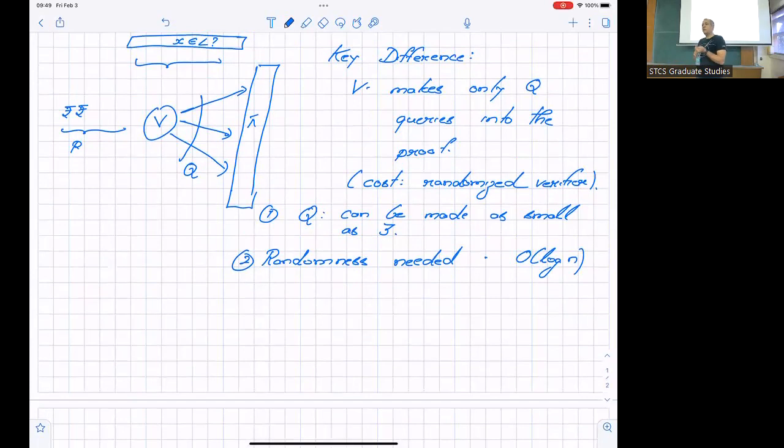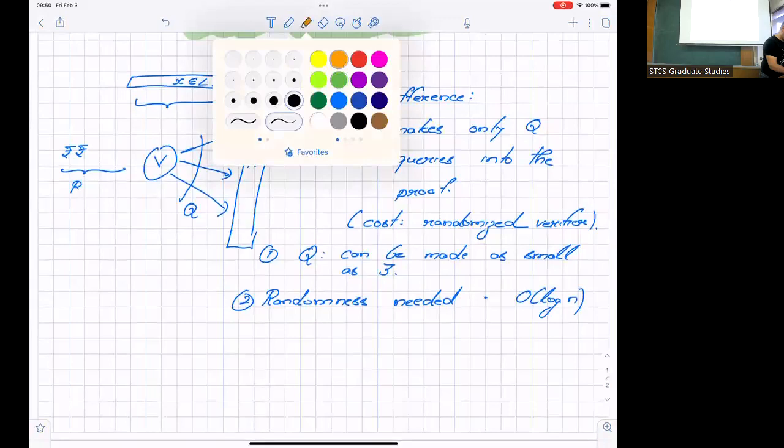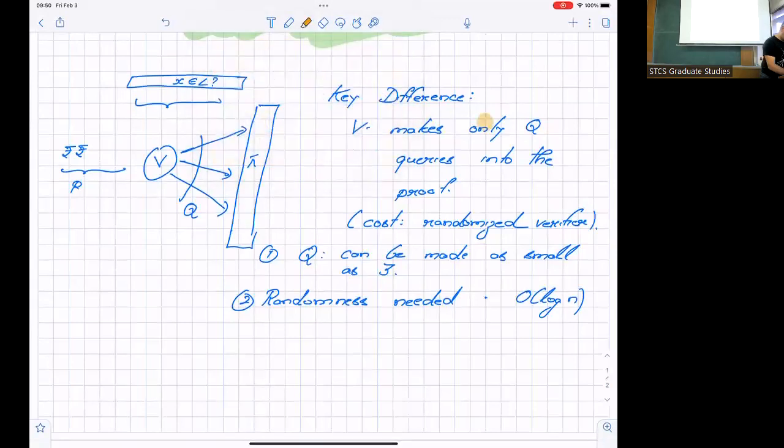That is, you at least need to invest log n randomness if you want to capture NP. Of course, if NP is equal to P, that's a different story. But assuming NP is not equal to P, you at least need to invest log n bits of randomness into the verifier. And this is something I find extremely surprising, that it makes only Q queries.